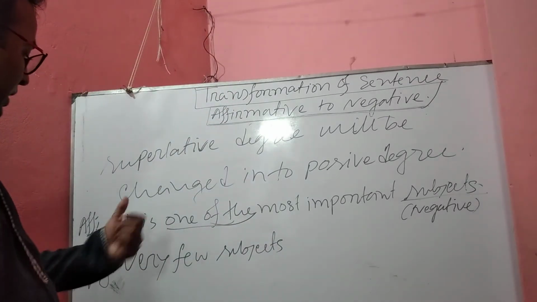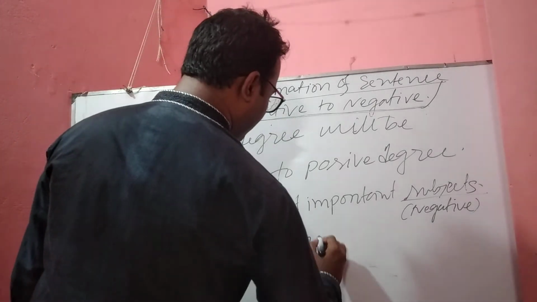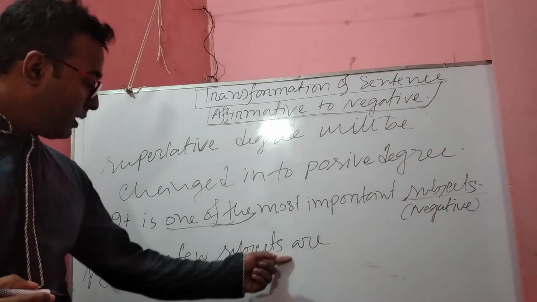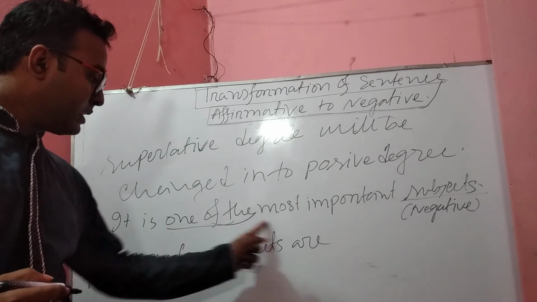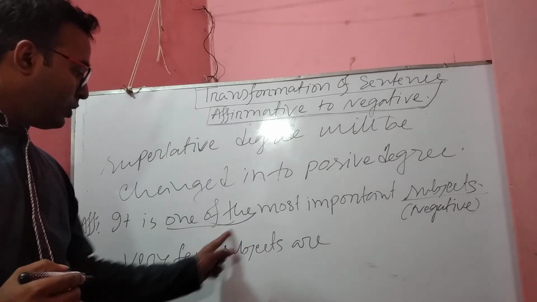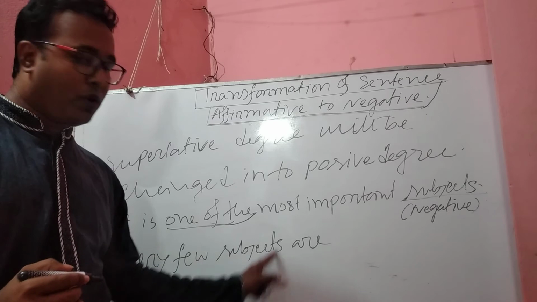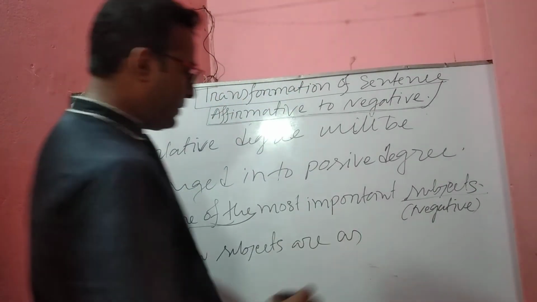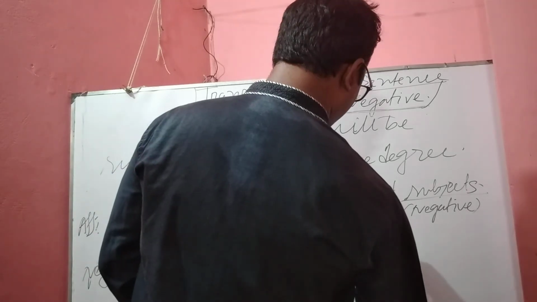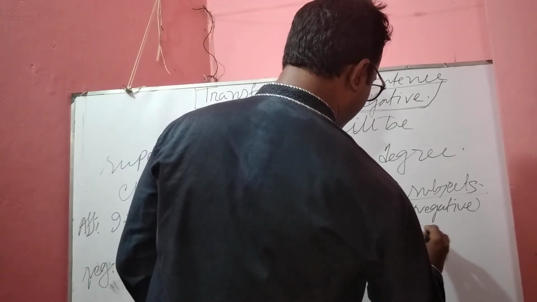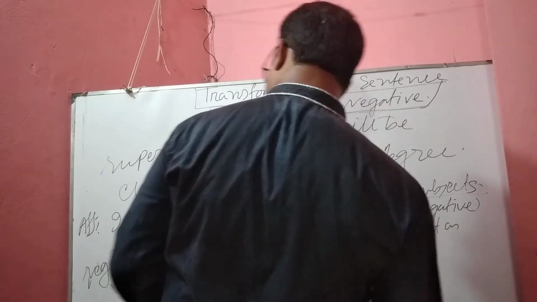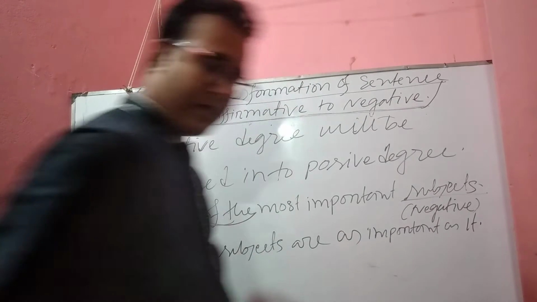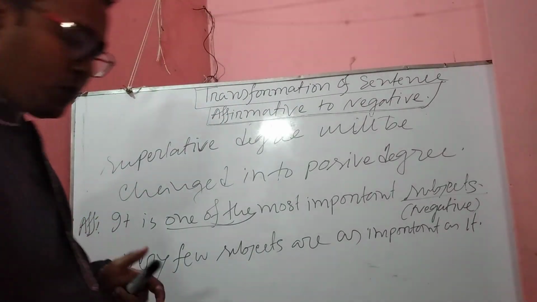Then verb, and here the verb will be changed because the subject is plural, and we know that a plural subject always takes a plural verb, as in the positive degree: important, as this subject will go there. I think you could understand.